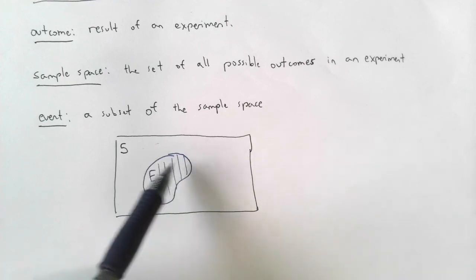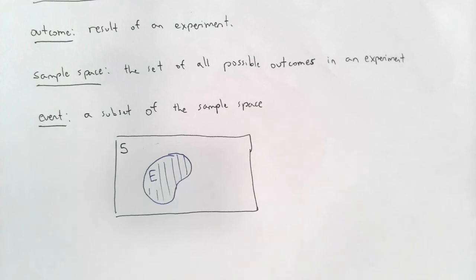And then an event is, again, not just a smaller list of things, but a smaller area within these sample spaces. So we're going to use a visual approach, and we're going to use mathematical set theory in order to understand them. But don't worry too much about that. We're going to review set theory on Monday of next week, okay?